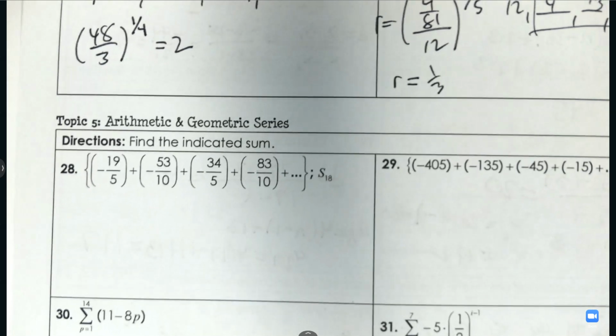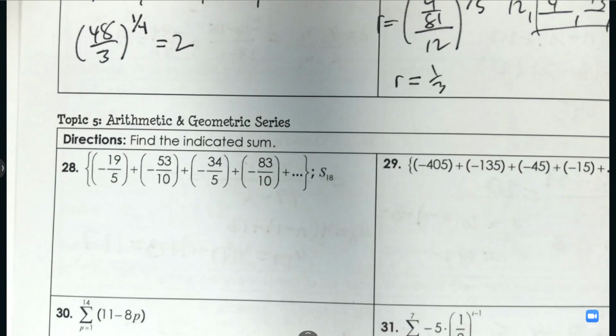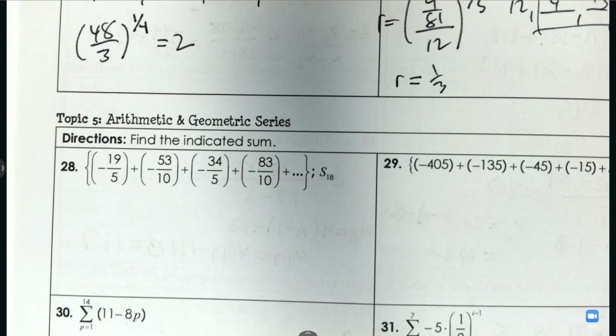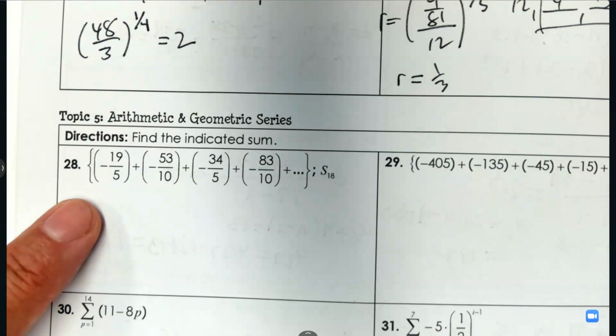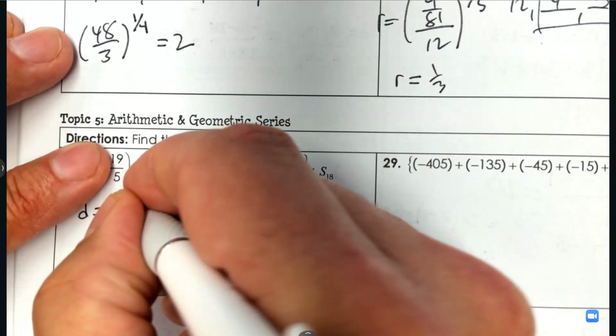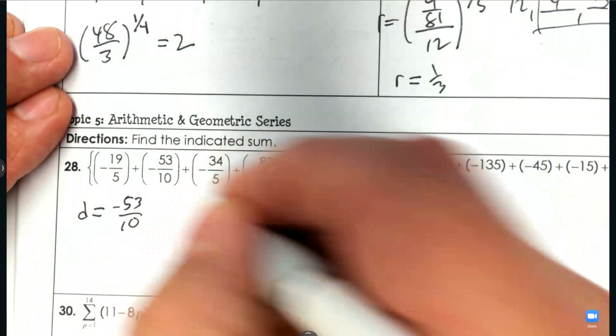Number 28, find that sum. How do I add it? So first I need to recognize what kind of pattern it is. So this one is an arithmetic pattern. Sometimes it's easier to get common denominators. So we have negative 53 over 10, subtract.